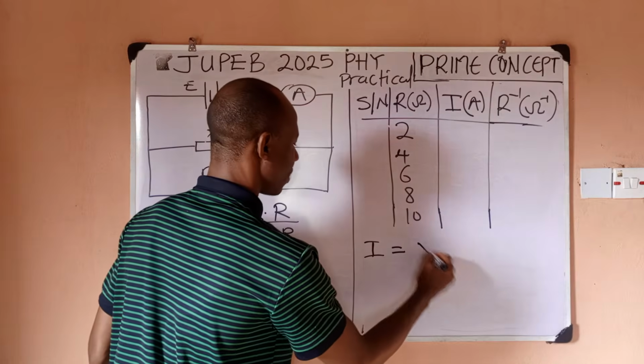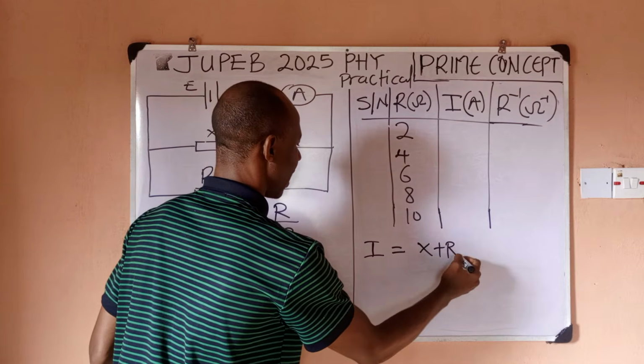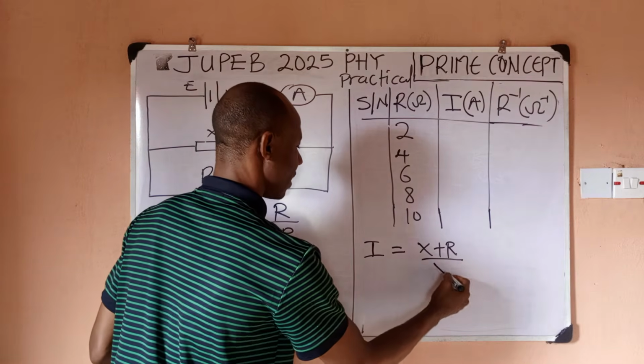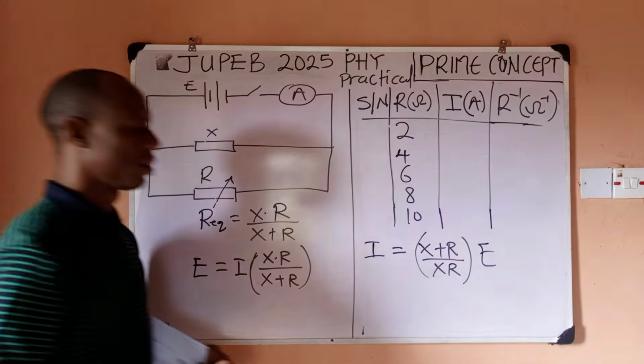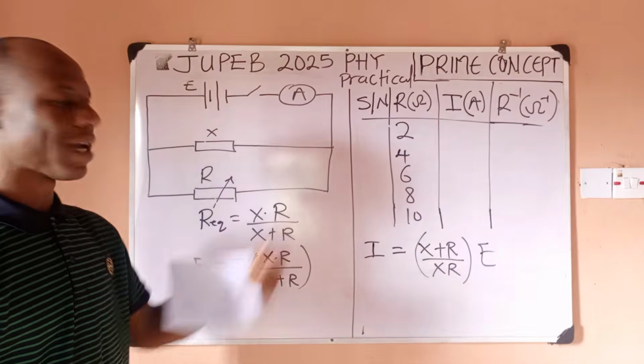I would be equal to X plus R all over XR, into E. So this is the formula I can use to find I.